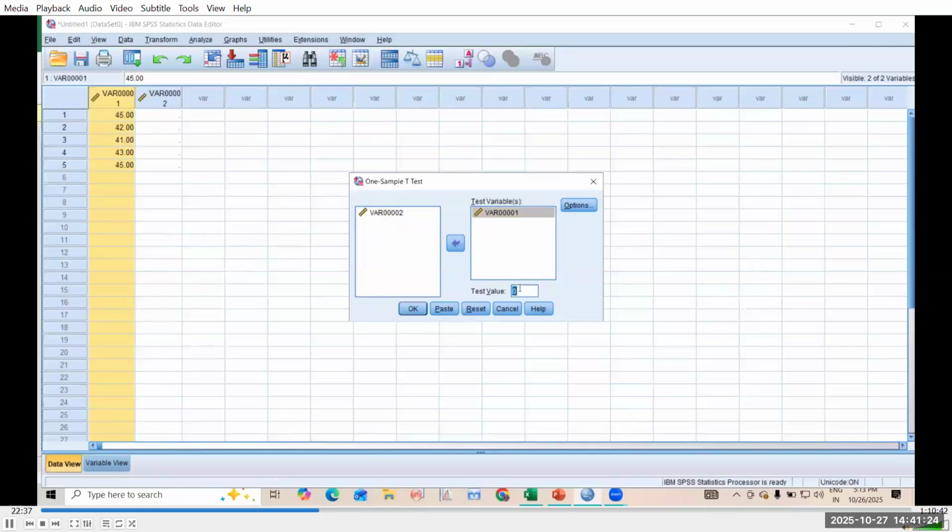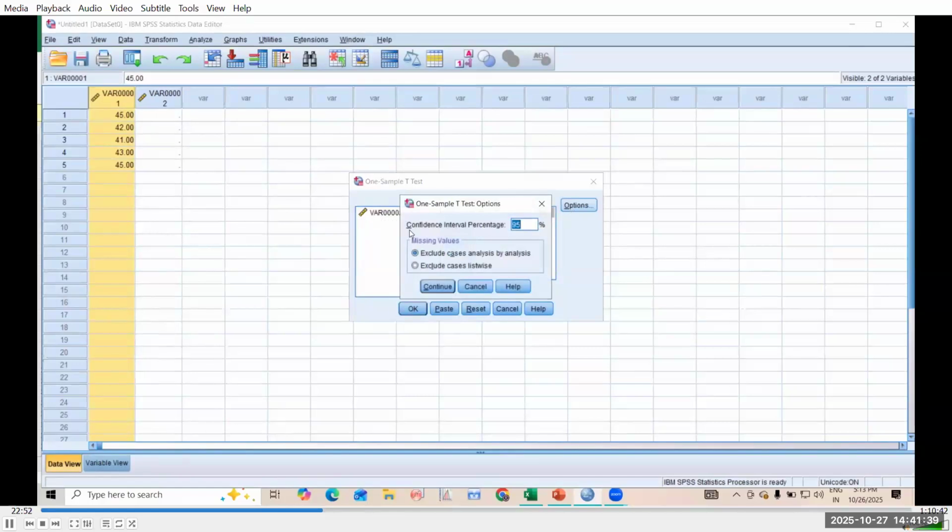Let's suppose for the best sensory score, the cookies have a moisture content of 42%. Let's go to Options. Here the confidence interval level is 95%, which means the probability value is less than or equal to 0.05. Continue, then press OK.